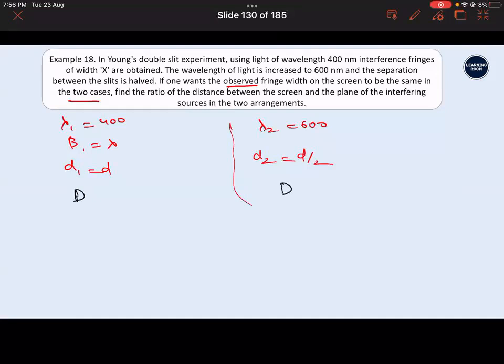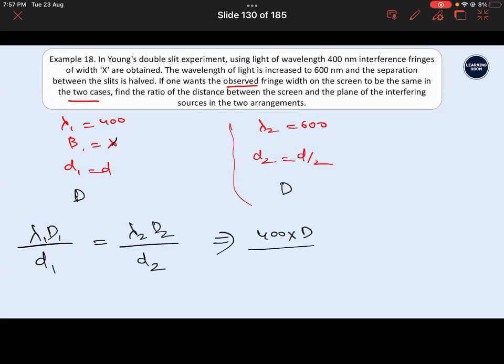Beta they want to be the same. So lambda 1 into capital D1 divided by small d1 should be equal to lambda 2 into capital D2 divided by small d2. Lambda 1 is 400 into D1 divided by d. Lambda 2 is 600 into D2 divided by d by 2.